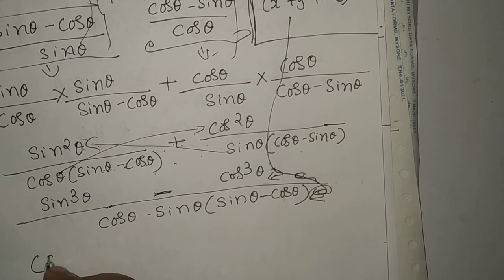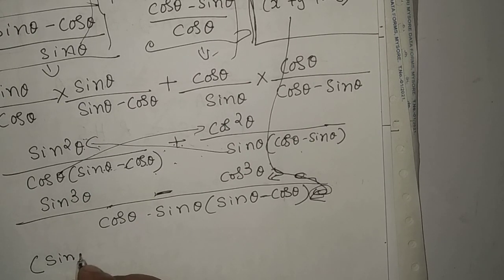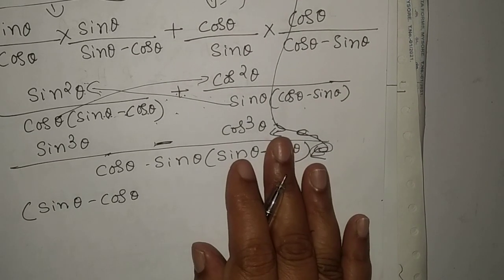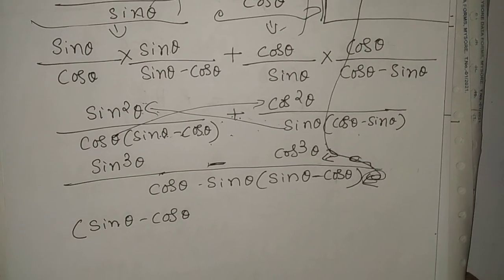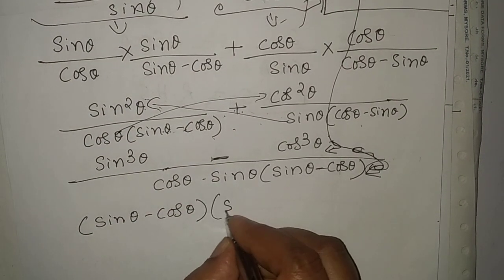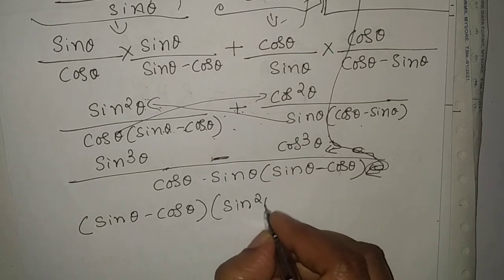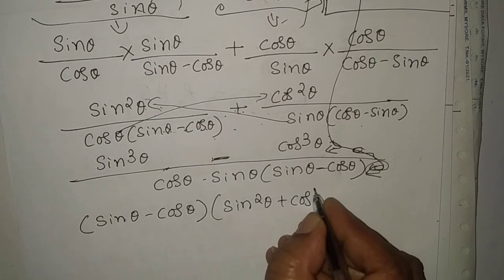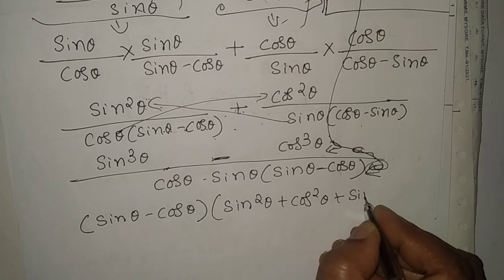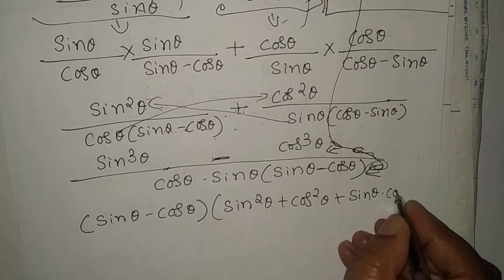So what happens now? Sin theta minus cos theta into sin square theta plus cos square theta plus sin theta into cos theta.